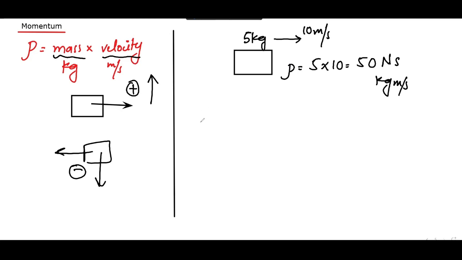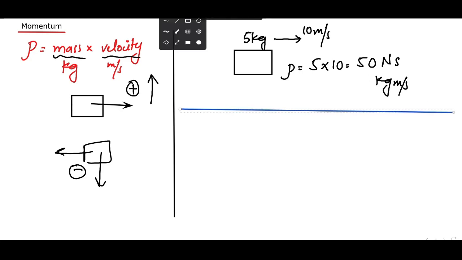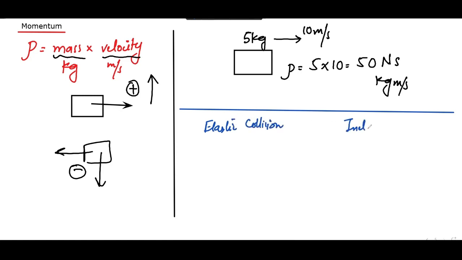So this is how we find momentum. Then we have a few cases of how to find the momentum of a system before and after the collision. There are two types of systems in physics. The first one is the elastic collision system and the second one is the inelastic collision system.